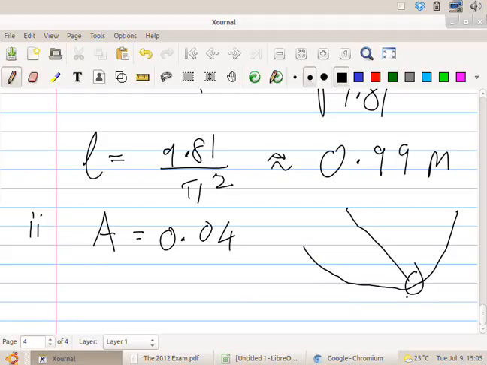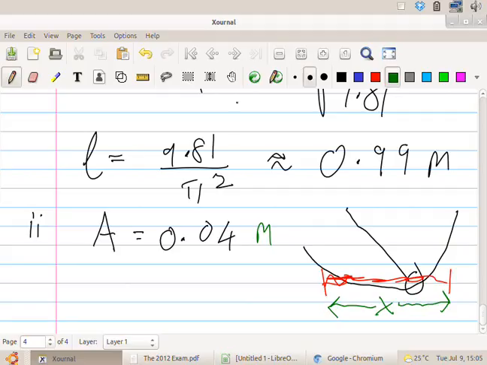But to make our life easier, you can say it's roughly heading on a straight line here. The amplitude in simple harmonic motion is how far out it travels from the center. So in this case, what is it? 0.04. So that's pretty much telling you how much it swings.